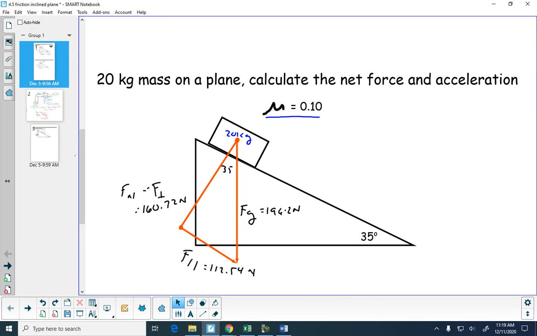So this is sliding down the plane. We have the force of friction that's going to go against our motion. So we have to calculate our force of friction as mu times force normal. So go ahead and calculate your force of friction.